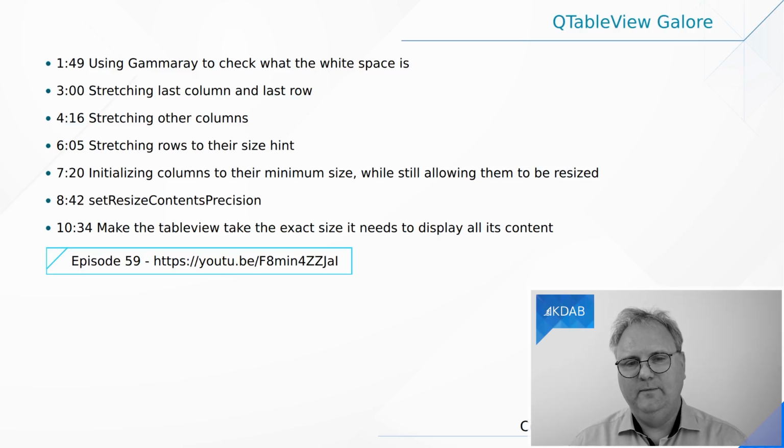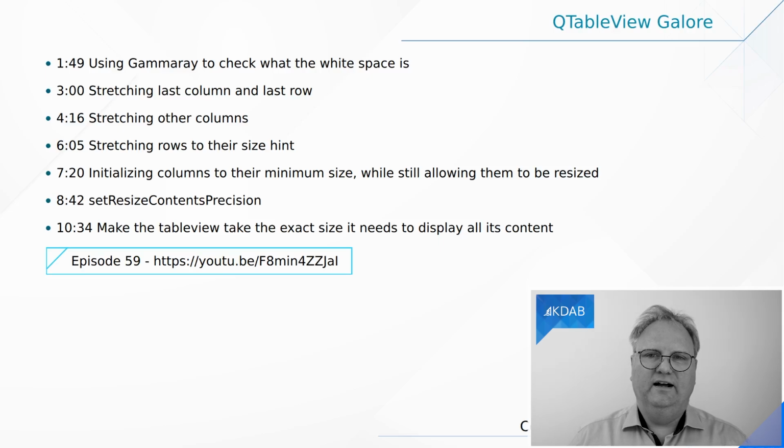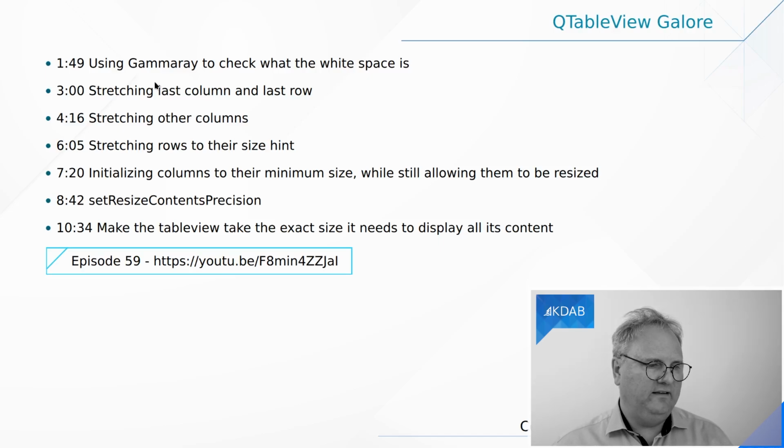What this Qt Table View Galore episode is about is telling you how you stretch your columns. It is anything but trivial to figure out exactly how to, for example, make the last column stretch, or how to stretch another column that is not the last.